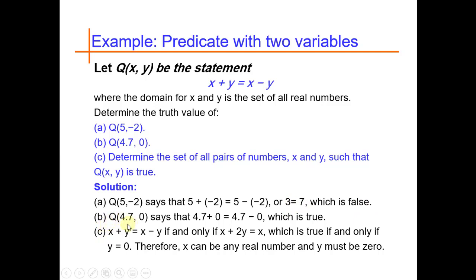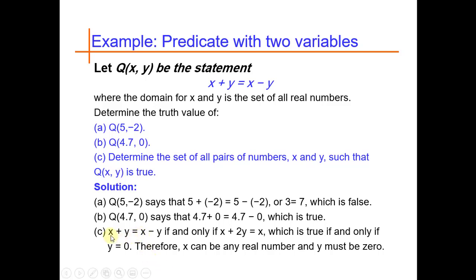Similarly, we can see 4.7 and 0. We can see that 4.7 plus 0 is equal to 4.7 minus 0, which is a true statement. So in part c, it is asked what are the values of x and y such that Q(x,y) is true. So we need to find a truth set.